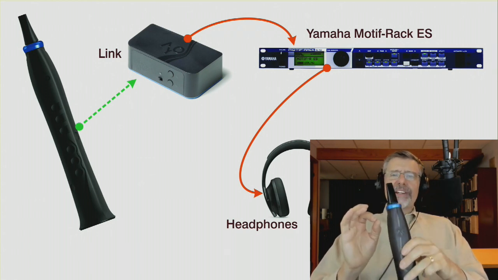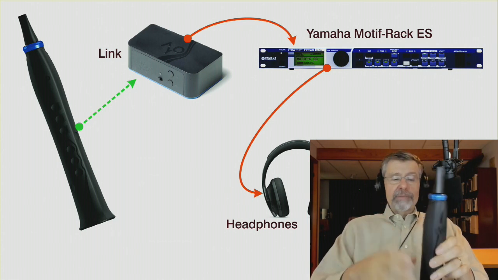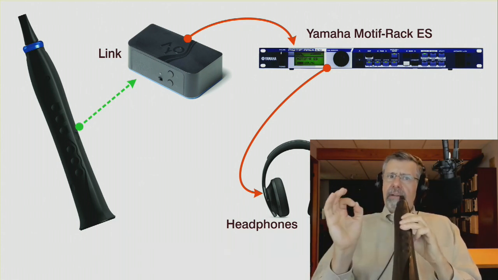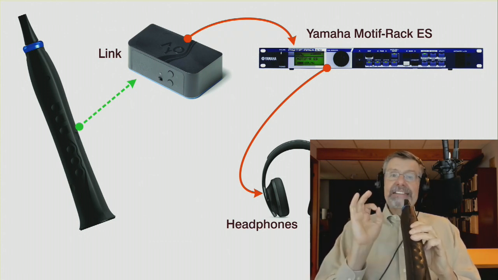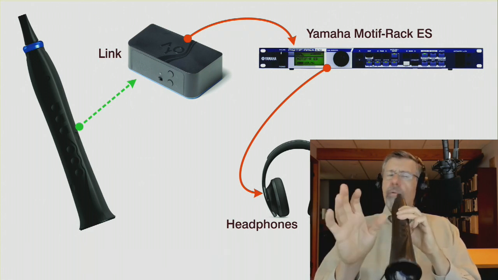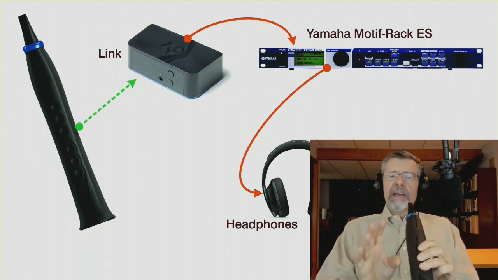So, what's happening here? It's not quite right because, well, what are we hearing? When I hit a note, the Motif-Rack is holding the volume of the note steady for the entire duration of the note. Whether I breathe louder, harder or softer, doesn't matter.